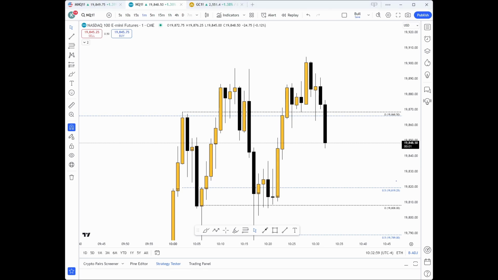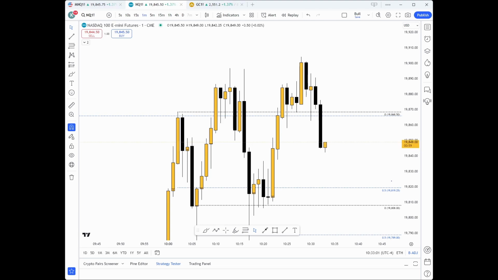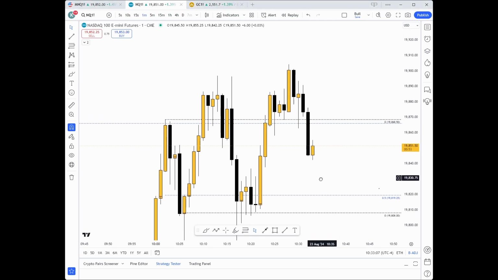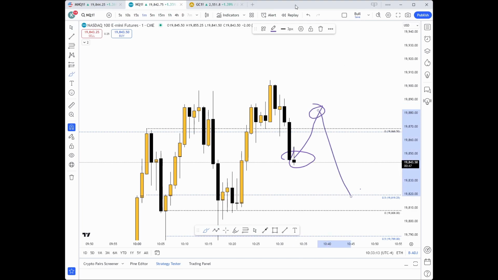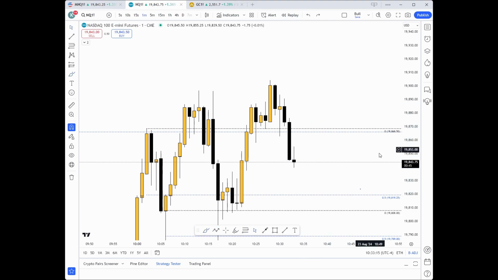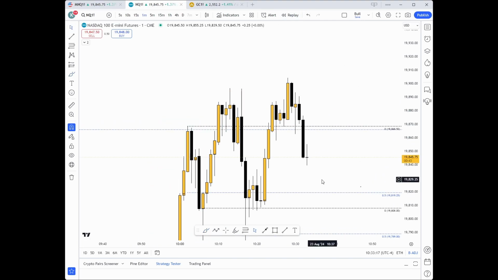My goodness. That was my target there, the low of that candle there. Right? Expectation, if we're going to go down, would be at least to trade back up in and then go. But anyway.